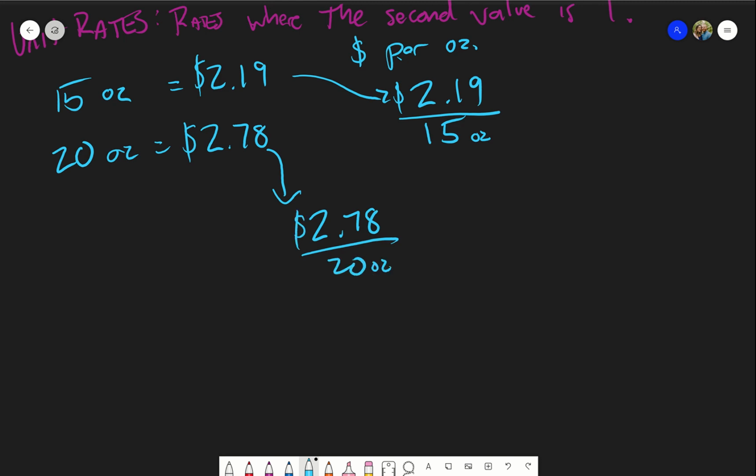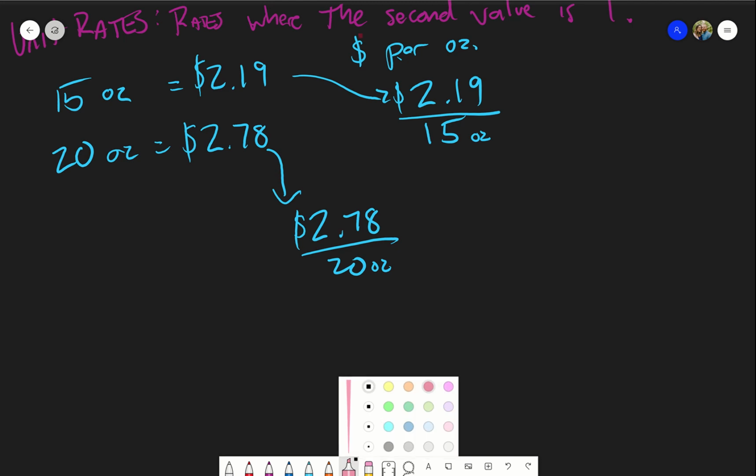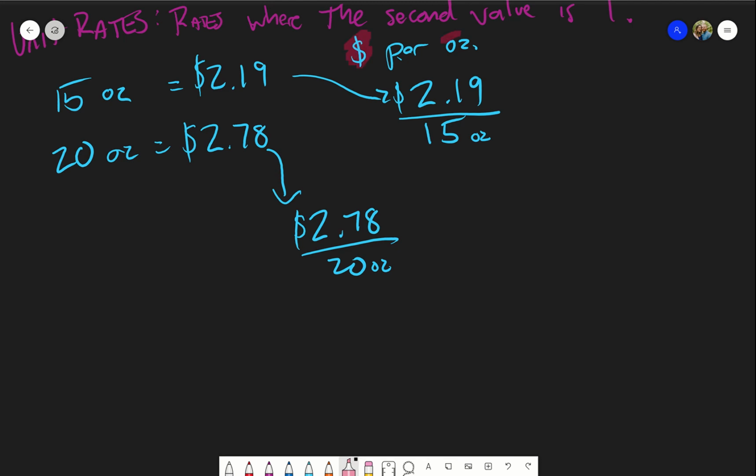Just like ratios, the first thing goes on top, the second thing goes on bottom. This per is a way to say rates and unit rates.